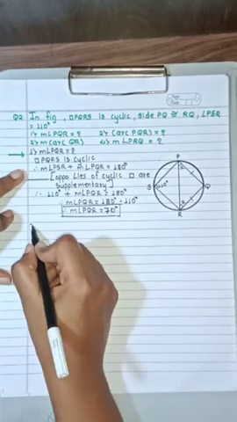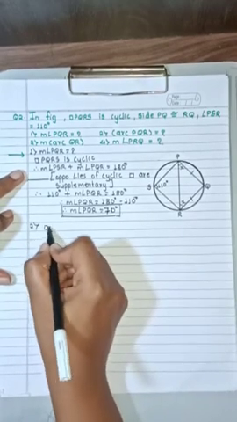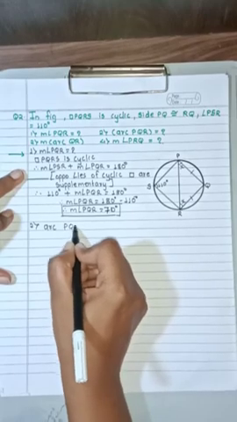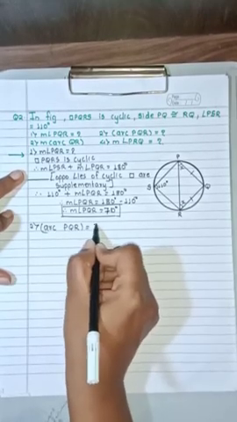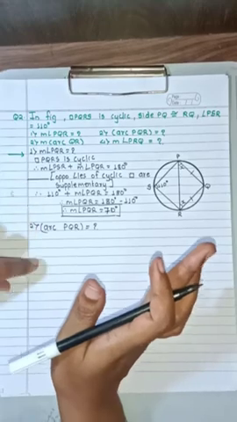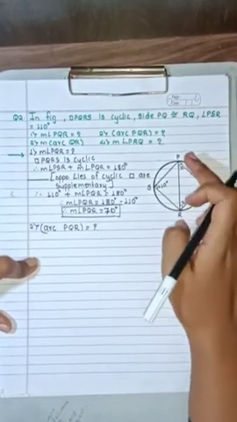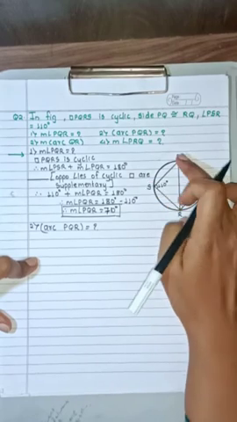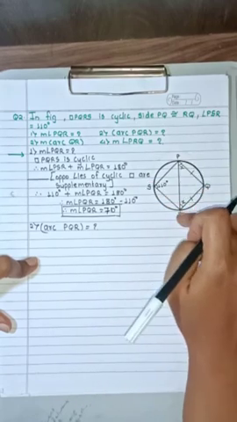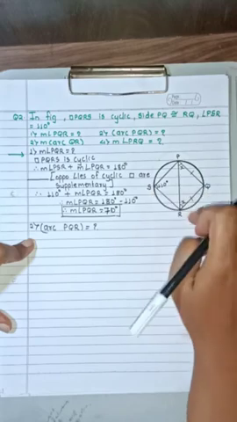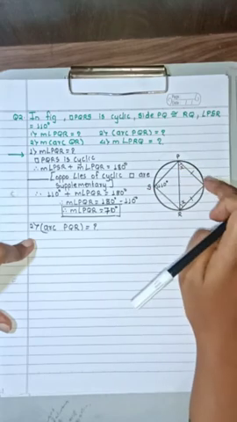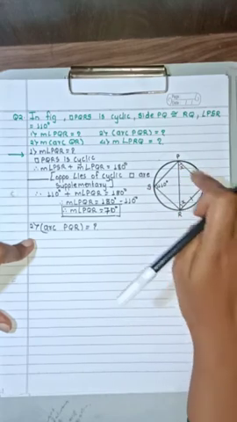So now let us move on towards the second one, that is the measurement of arc PQR. Okay, we have to find the measurement of arc PQR. Now you very well know that by the inscribed angle theorem, PSR is half of arc PQR. This PSR is an inscribed angle and PQR is the intercepted arc.